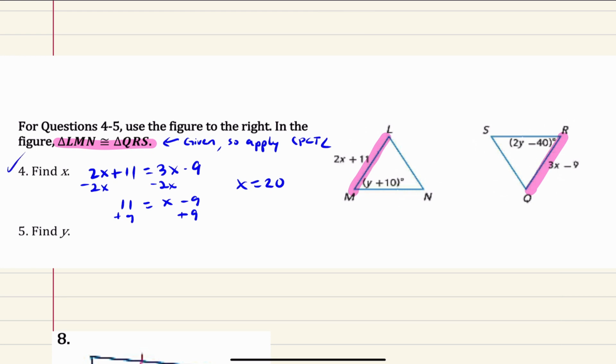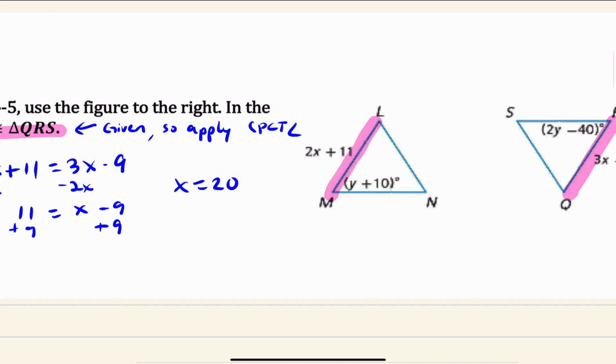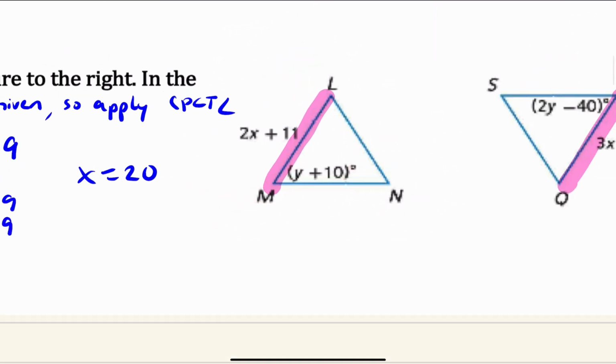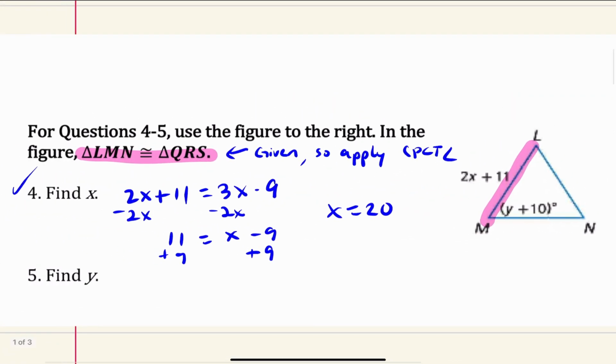I'm done with that. So now I'm going to go ahead and find y. So where's y? You've got to be very, very careful because it looks like y plus 10 is part of MN. It's not. It's y plus 10 degrees. It's part of this angle here, angle M. So looking at the congruency statement, angle M is the second position. So I need to look at the second position of this triangle, which is indeed R. CPCTC, y'all.